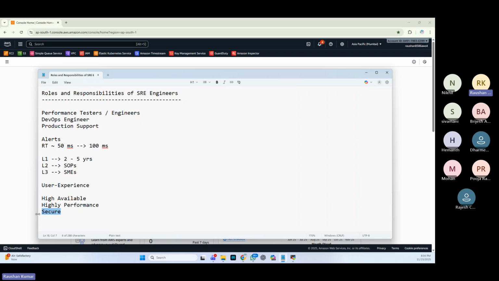And we're talking about production here. It comes under user experience, security. So we need to be very vigilant about security. People overlook security, but it's very important. The most important thing. Your customer may be unhappy if you are not available, if you are not performing, but they will not tolerate a security breach.